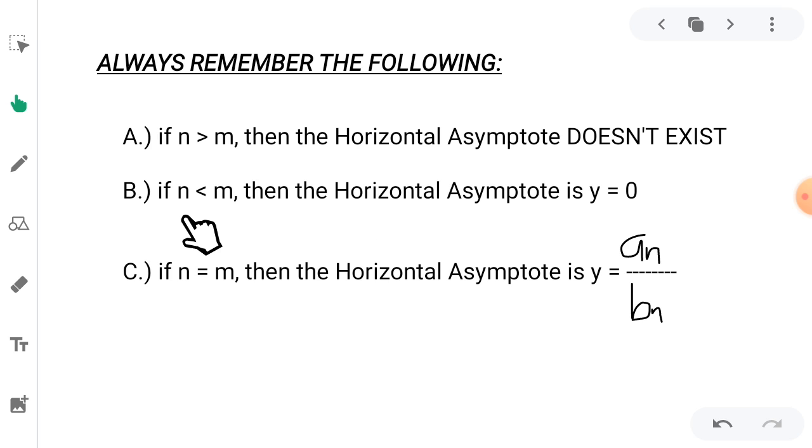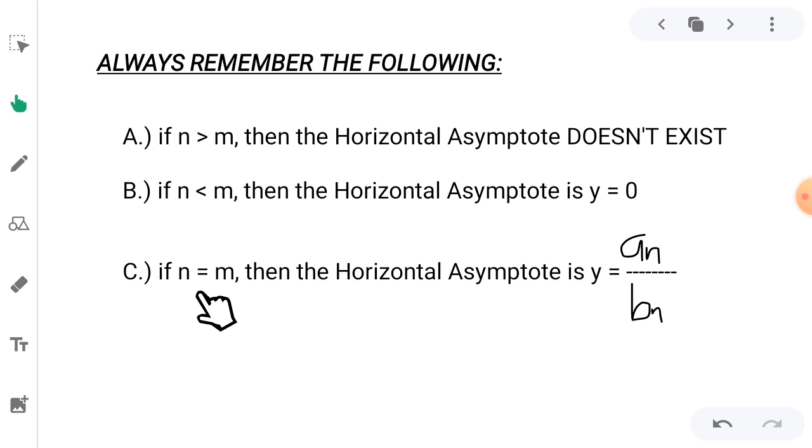And then letter B, if the numerator exponent is less than the denominator exponent, then the horizontal asymptote is y is equal to 0. Kapag mas maliit yung exponent sa numerator kaysa sa denominator, then the horizontal asymptote is y is equal to 0. So it lies on the x-axis.